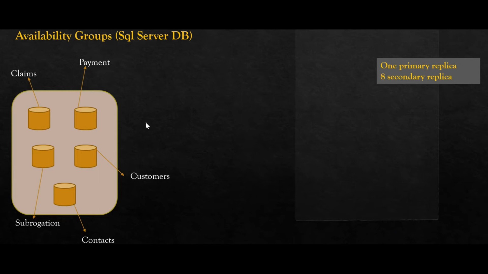Now what happens if just the payments database goes off? So it doesn't make sense to fail over just this database and then use other databases from this group.